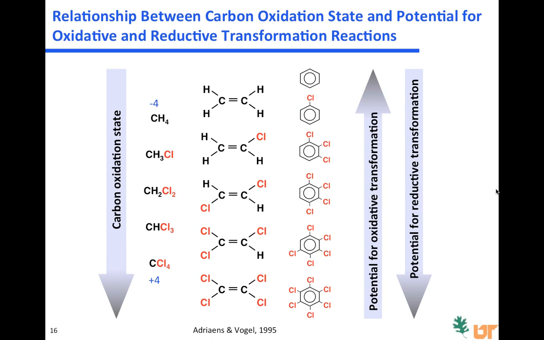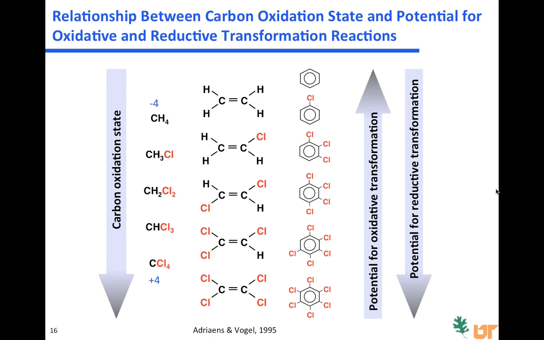This shows some general considerations and the relationship between carbon oxidation state and the potential for oxidative or reductive transformation reactions. On the left-hand side, you see an arrow that says carbon oxidation state. The carbon oxidation state is an important factor determining if a compound can be oxidized or reduced.